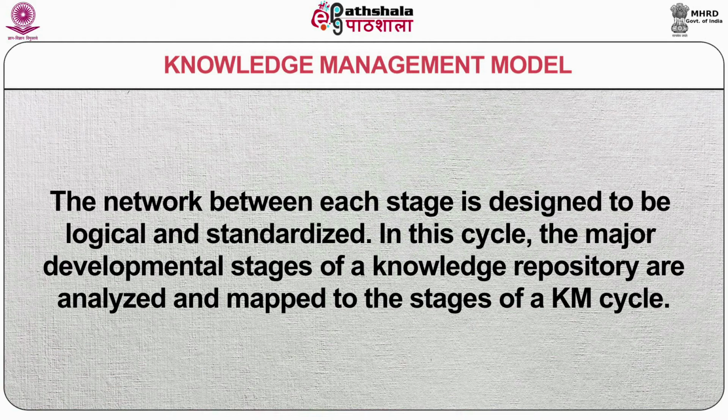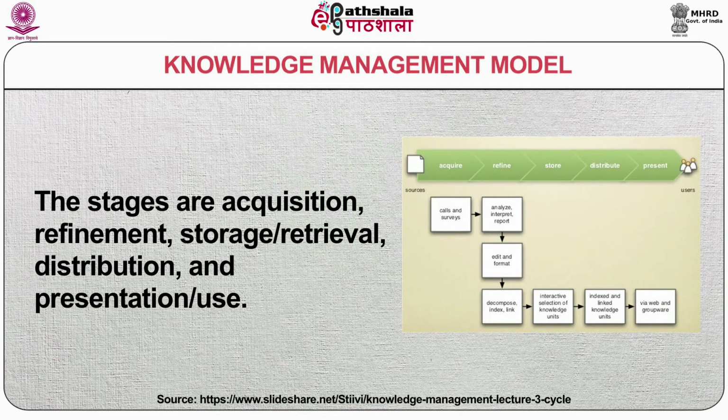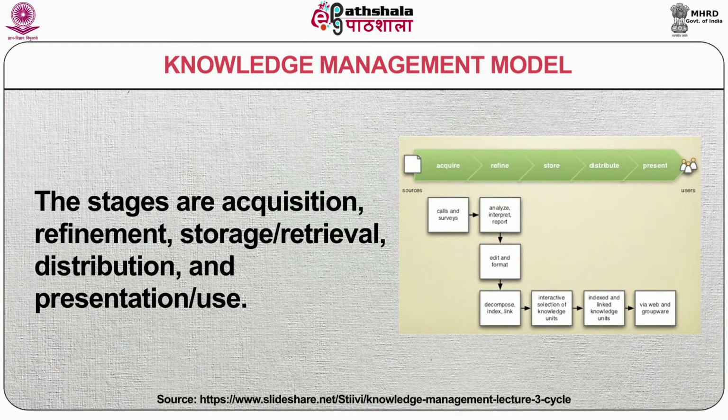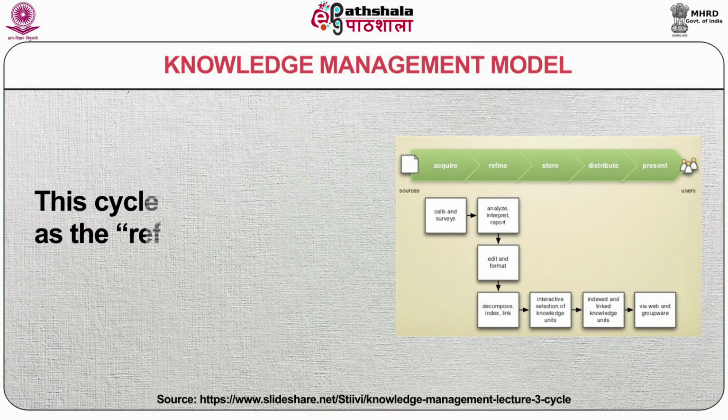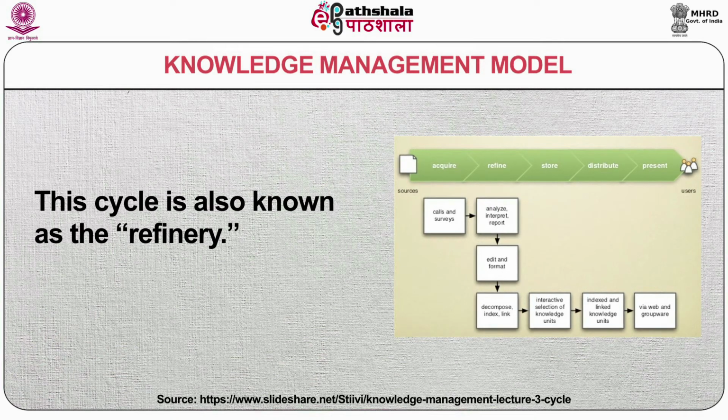In the management cycle, the major developmental stages of a knowledge repository are analyzed and mapped to the stages of a knowledge management cycle. The stages are acquisition, refinement, storage, retrieval, distribution and presentation. This cycle is called the refinery.